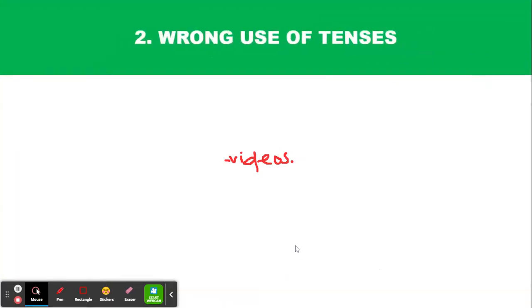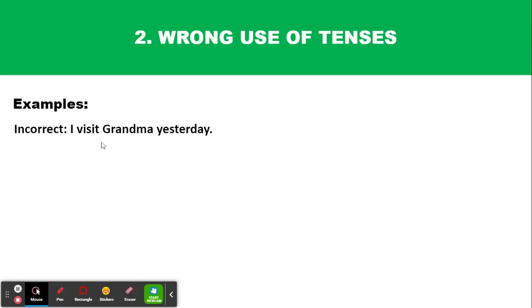Number two, wrong use of tenses. That's another area in which most or some English learners or users commit mistakes frequently. For example, it is incorrect to say, "I visit grandma yesterday."